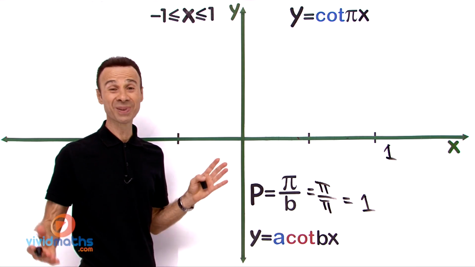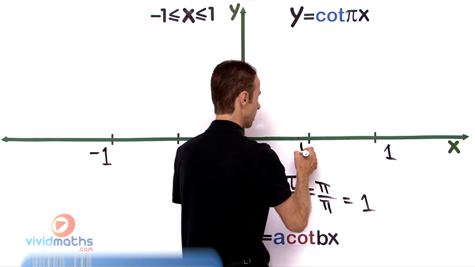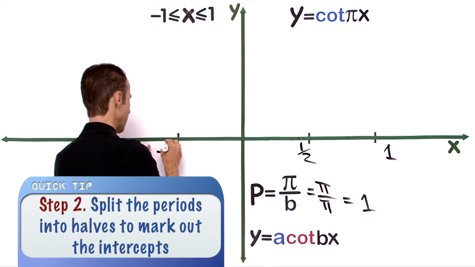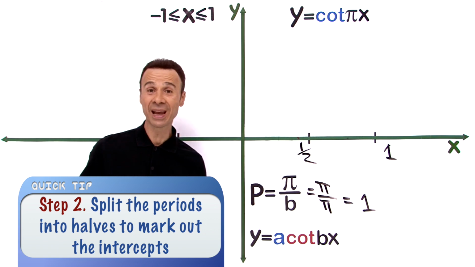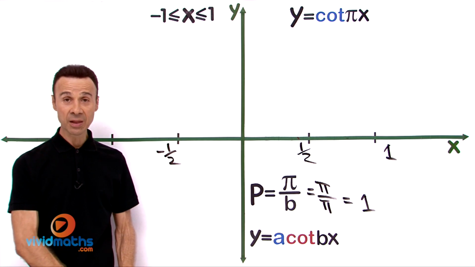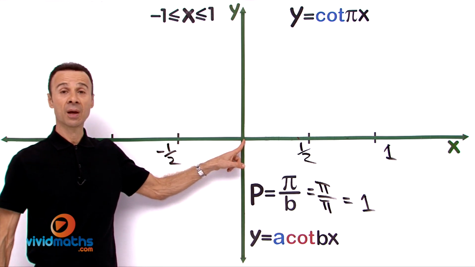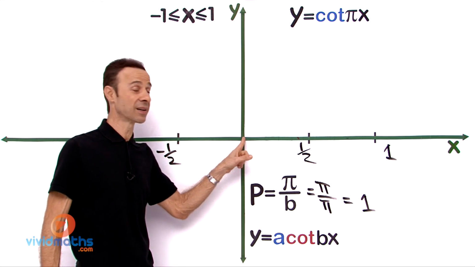Okay, what do we do now? We split it in half. So half of 1 is simply a half, and negative 1/2 on this side. Now, do you remember with tangent, where did the curve cut through? With tangent, it cut through the origin right here. Now, if tangent of 0 equals 0, it's fine to cut through there.